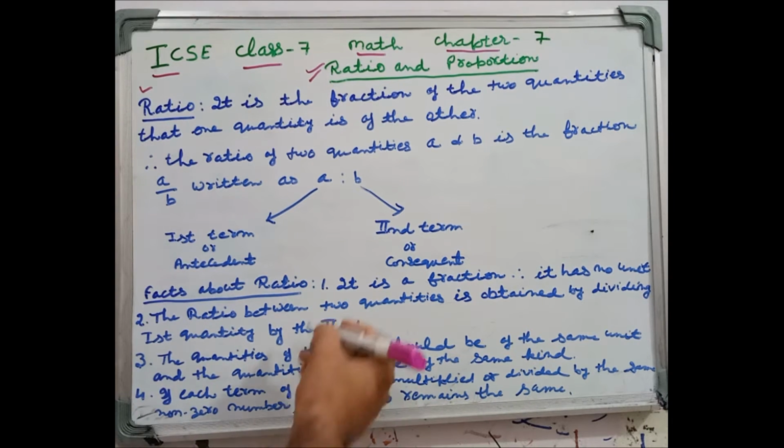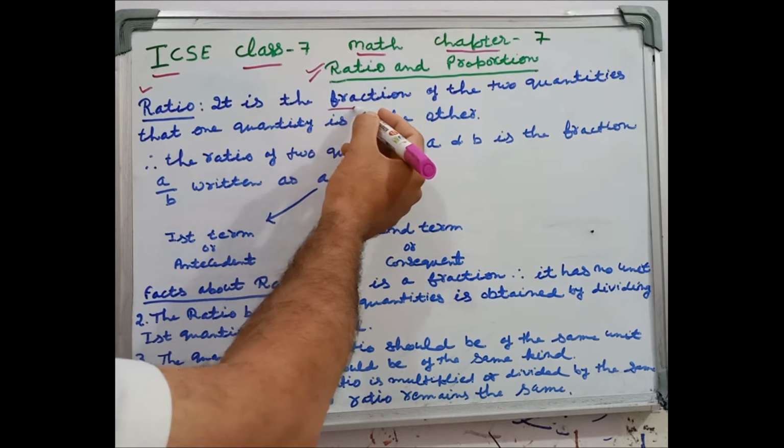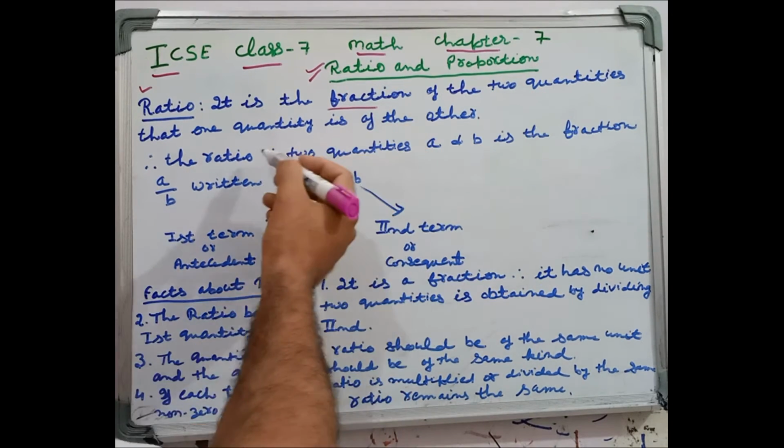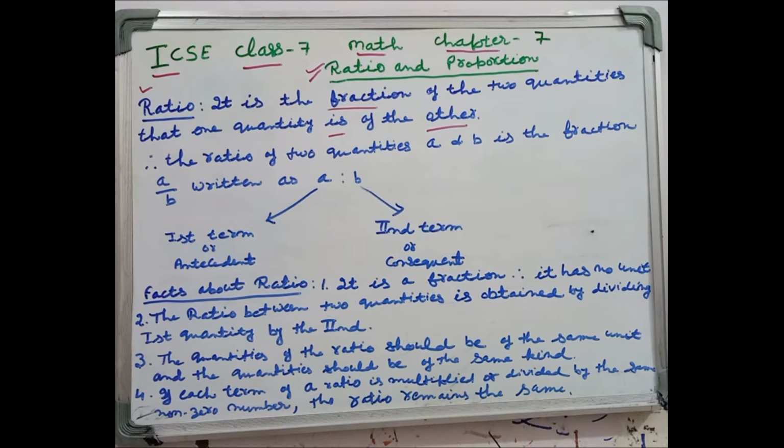Ratio is a fraction. Keep in mind it is a fraction of the two quantities, that one quantity is of the other.